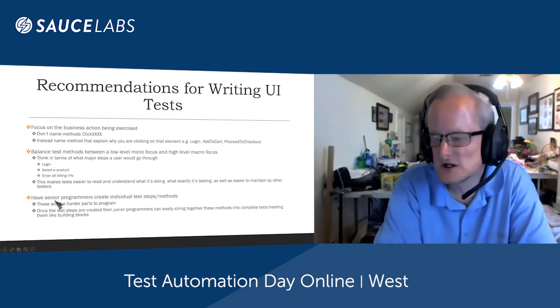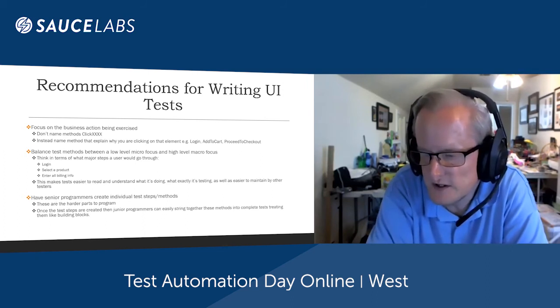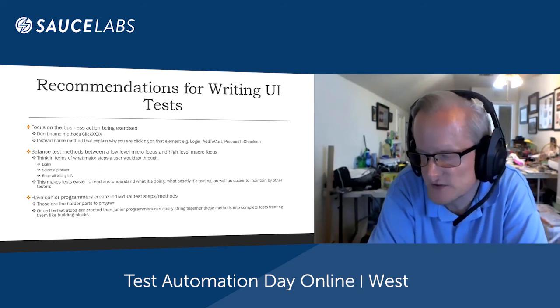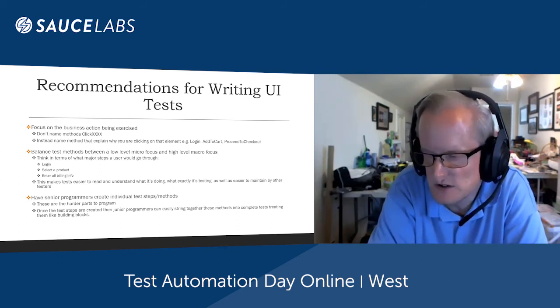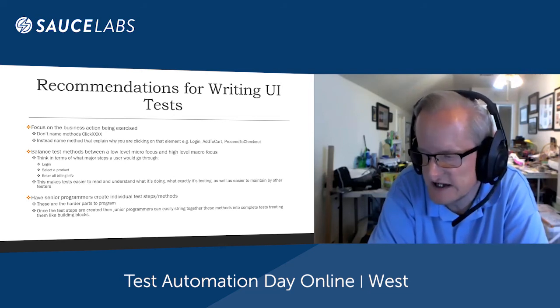And test automation, like I said, it is hard. The test steps themselves, in those page methods, are the hardest part of test automation. So yes, have your senior programmers manage making those test steps, putting them together, and making them modular, reusable, and easily used by your junior programmers.